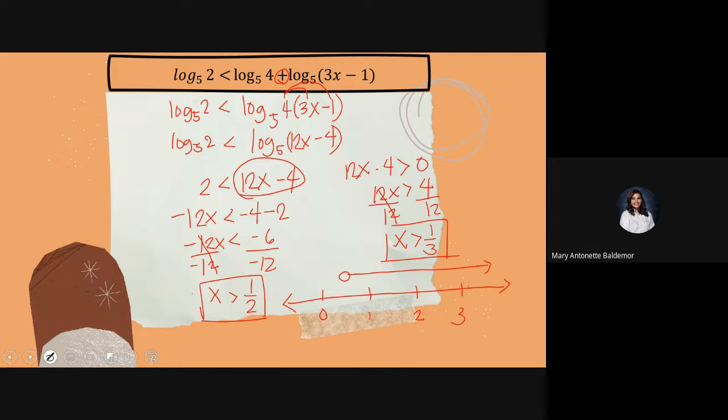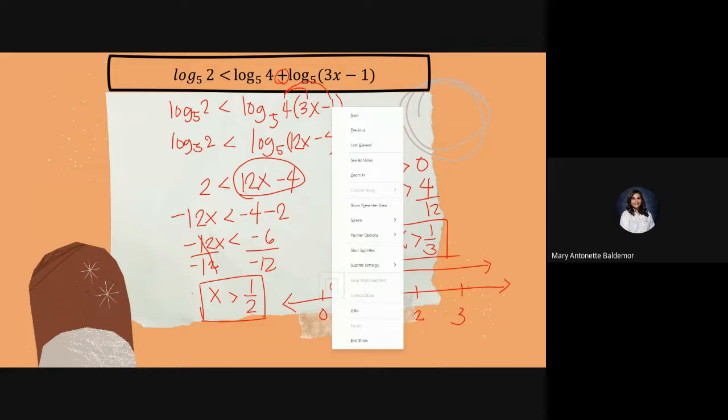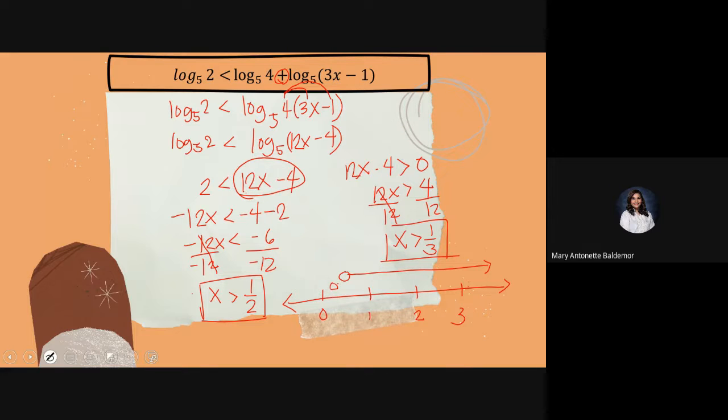Then 1/3. If you are not sure where 1/3 is, you can convert it to decimal. 1/3 is about 0.3, so it is somewhere before 0.5, also going to the right.